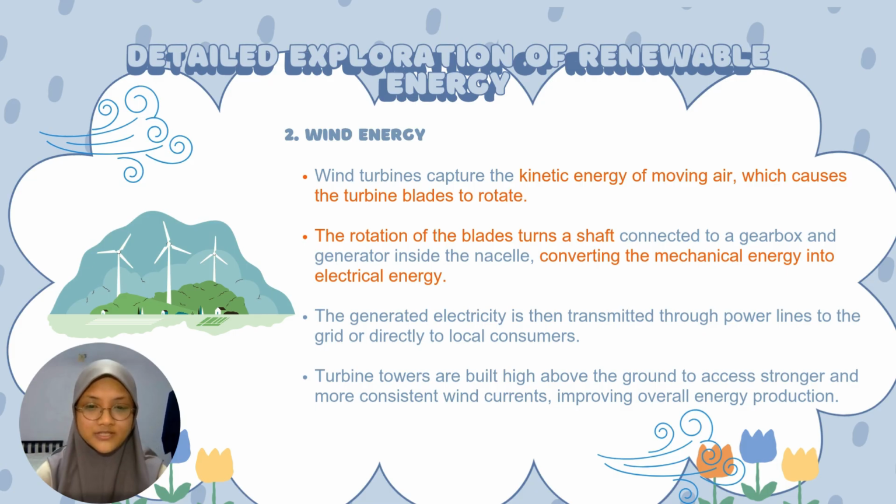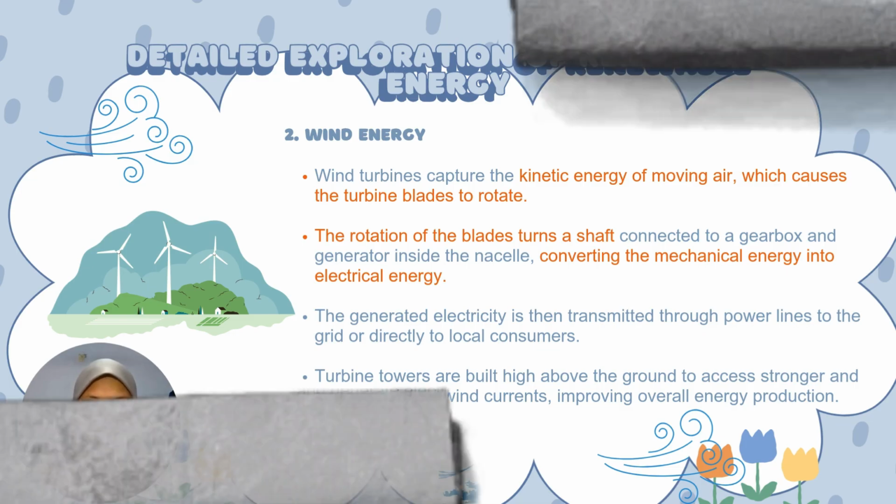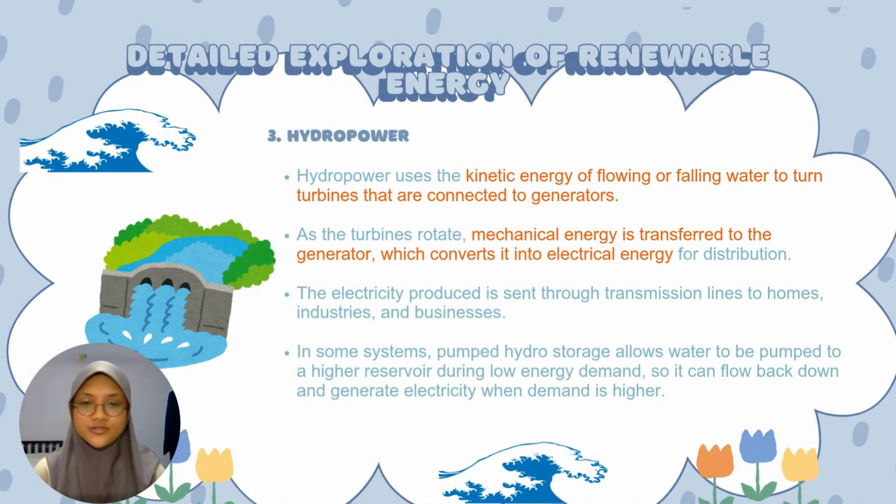The generated electricity is then transmitted through power lines in the grid or directly to local consumers. That is why turbine towers are built high above the ground, to access stronger, more consistent wind currents, improving overall energy production.